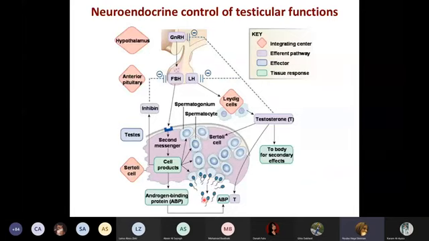So this system here is highly capillarized in order to allow a rapid transport of the GnRH to the anterior pituitary, and it will stimulate the anterior pituitary, which we call the adenohypophysis, or the anterior pituitary. It's the same thing.